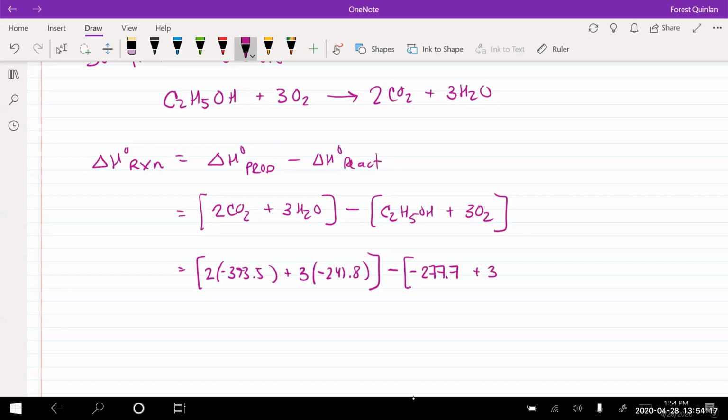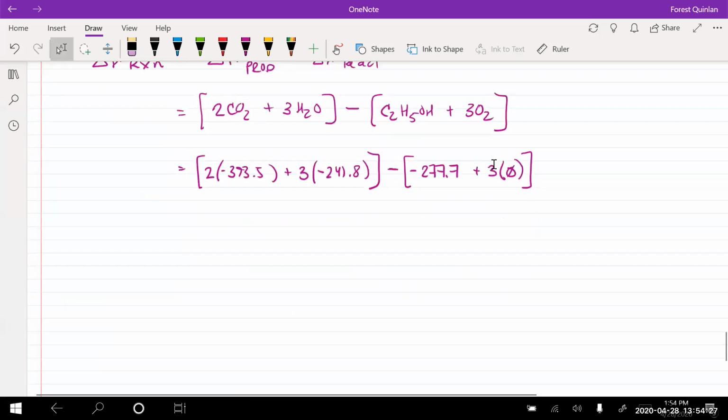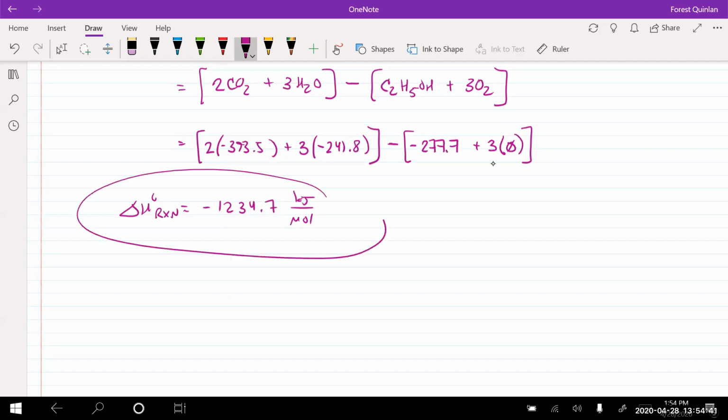And just for kicks, I'll write 3 times 0. That's for the oxygen. And in the end, you end up with the negative 1234.7 kilojoules per mole as the delta H naught of the reaction.